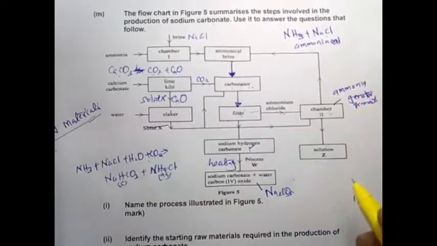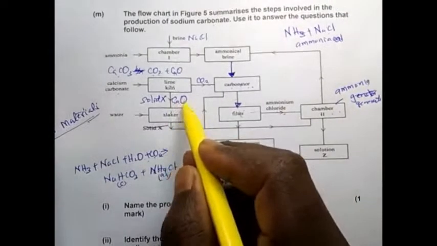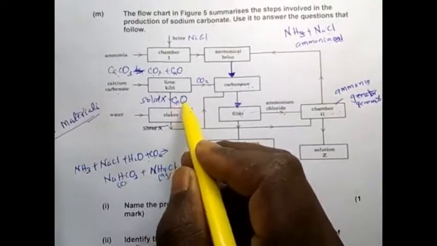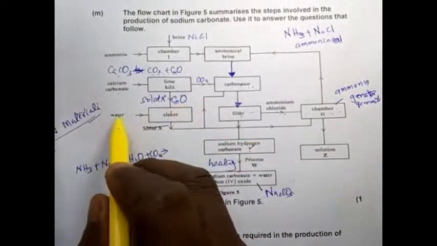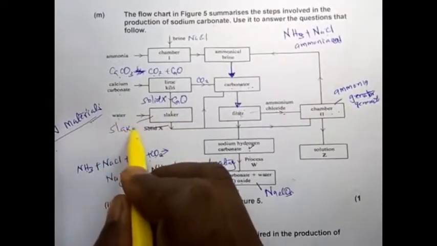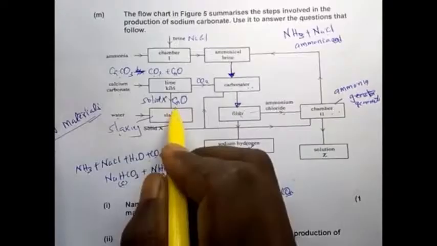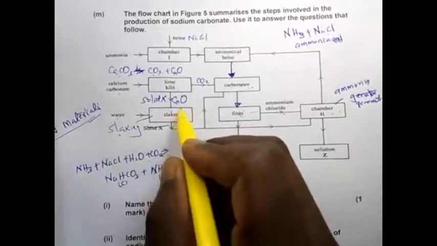Next is the ammonia generator. So what happens to this calcium oxide here? This calcium oxide gets reacted with water. We call it slaking. That is calcium oxide plus water, and it forms calcium hydroxide.